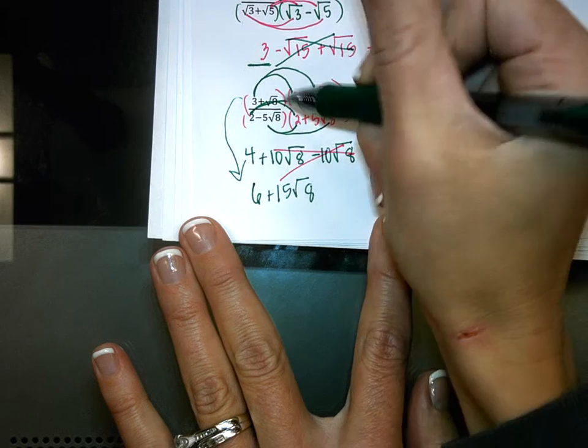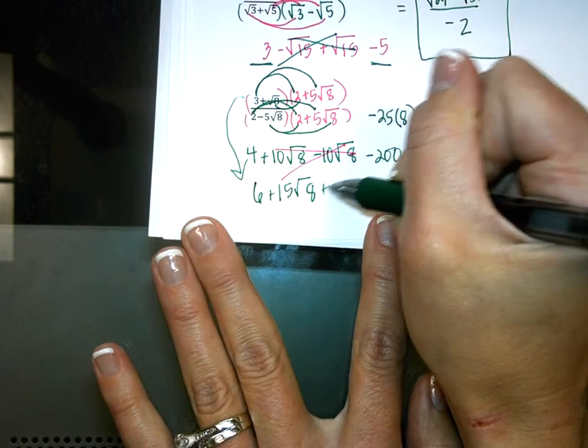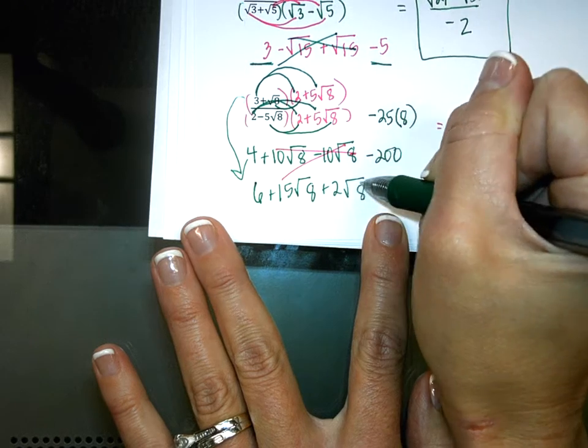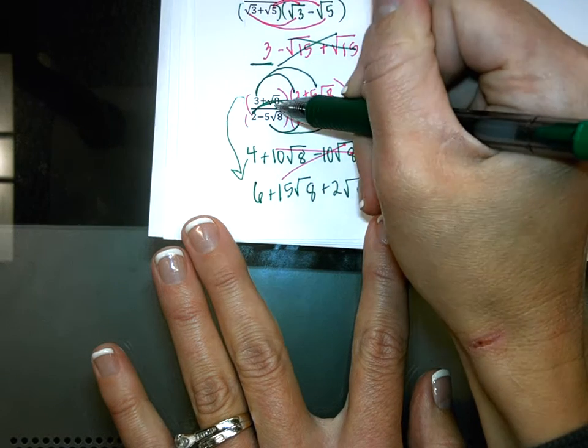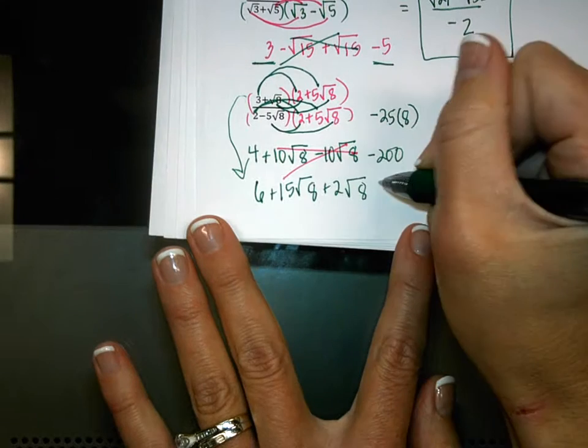Then we have root 8 times 2, which is positive 2 root 8. Good. And then we have root 8 times 5 root 8, 40. Positive 40.